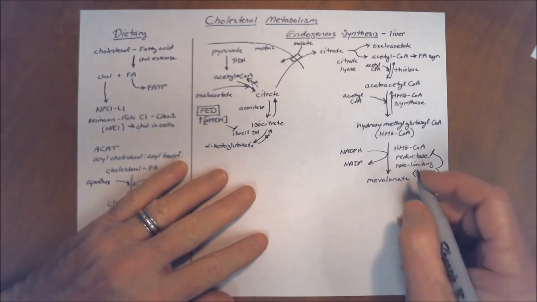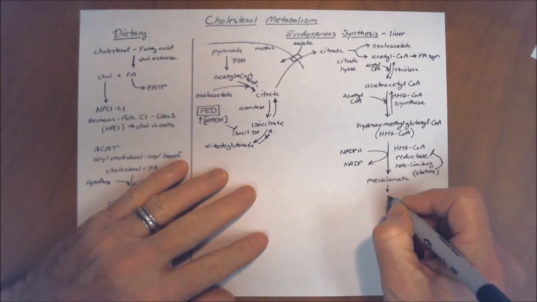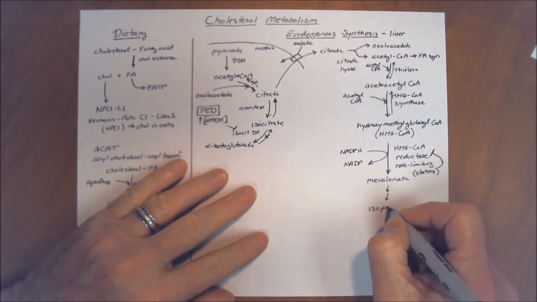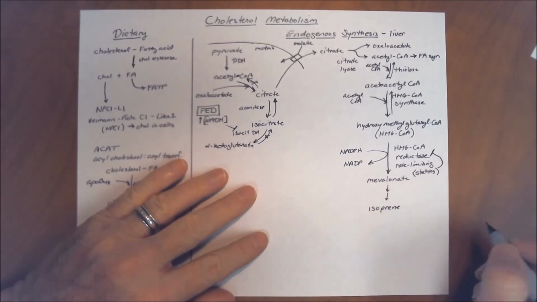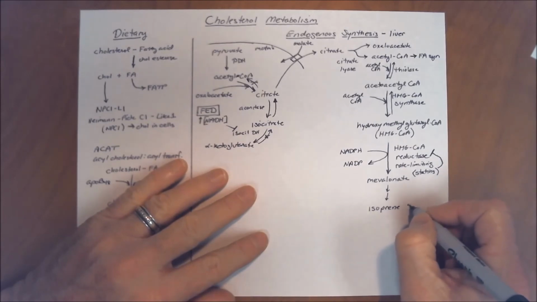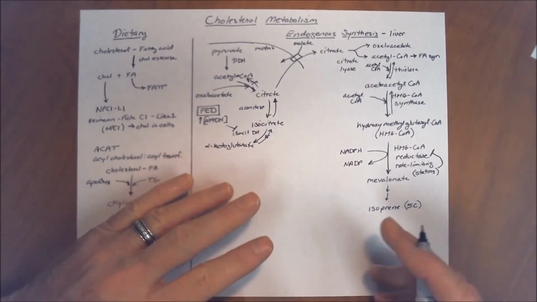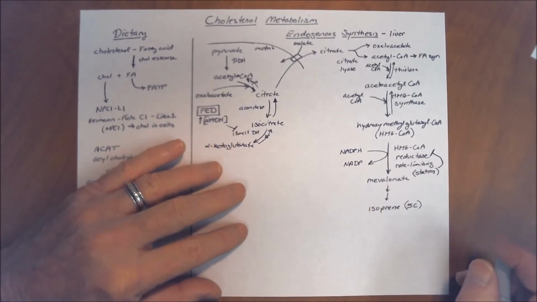Now the next step in cholesterol synthesis, there are several steps involved, and essentially we are going to be making isoprene units. And these isoprenes are 5-carbon structures, high energy structures, because we are going to be now adding these together to start building the structure of cholesterol.